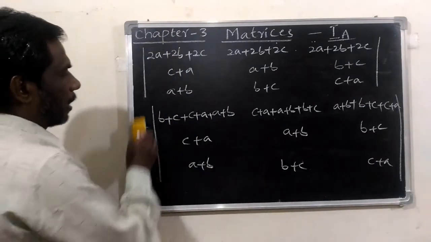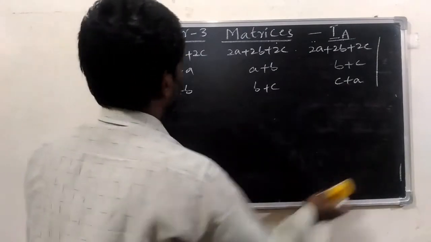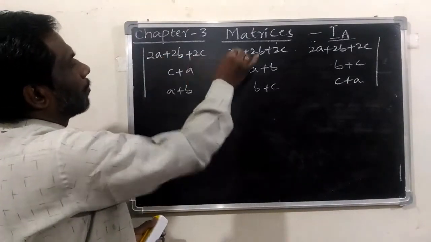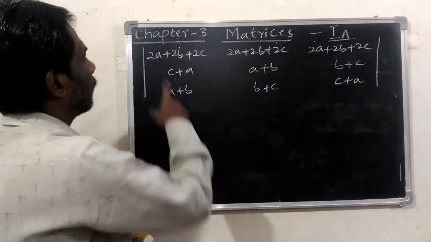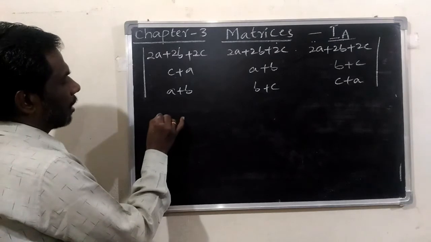After writing this, from R1 we take 2 common. So what can we write now?